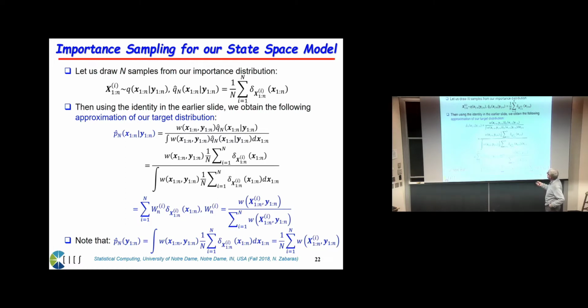Why is it that when we do importance sampling approximation for this distribution, or any other distribution, the estimator comes to be biased? Because you can see from this calculation here, right, that the empirical measure for this distribution is the ratio of two Monte Carlo approximations.